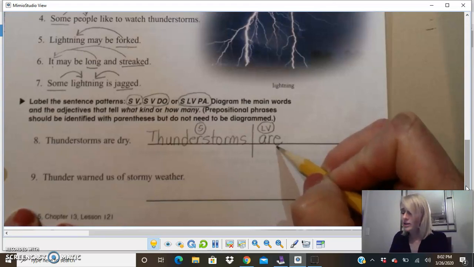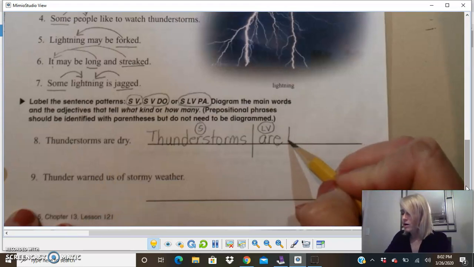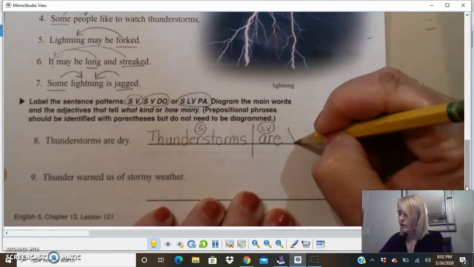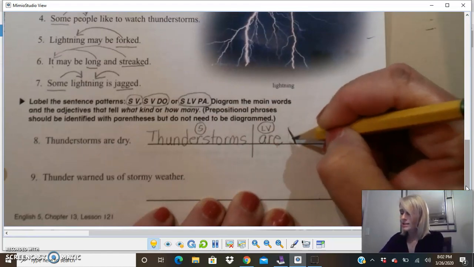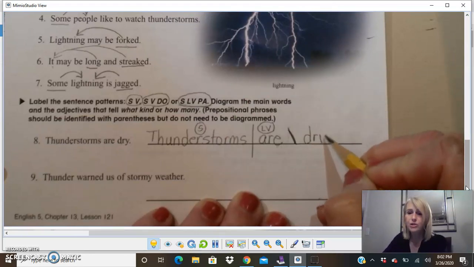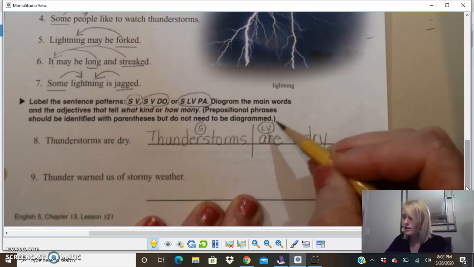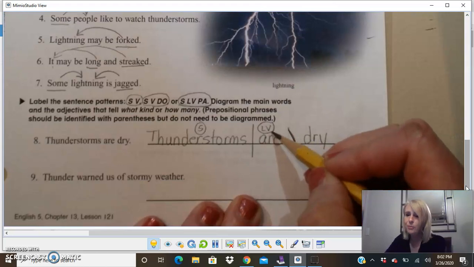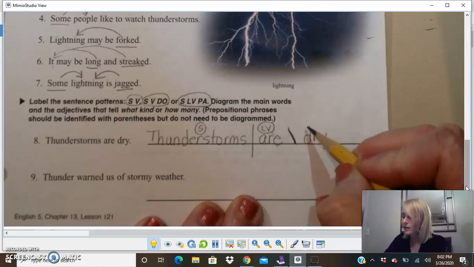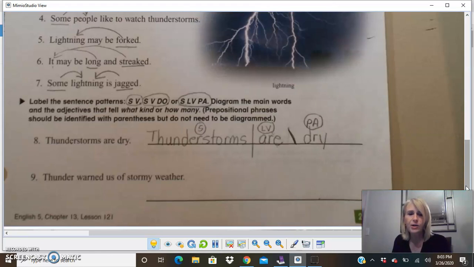And the next, we think to ourselves, thunderstorms are dry. So let me draw our line going back, because it's linking it back to the word thunderstorms. So dry is an adjective. And what can follow a linking verb? It's either a predicate noun or a predicate adjective. And in this case, it's a predicate adjective. So there you go, that's the first diagram.